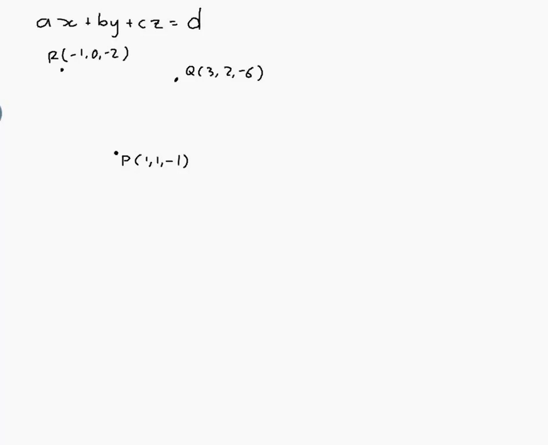And then every point in this plane would be P plus some multiple of this vector plus some multiple of this vector, a lot like the parametric form of the equation of a line. And so that would be like P plus t of something plus s of something else. And then I could try and cancel out the t and the s to give me my equation involving just x, y, and z.